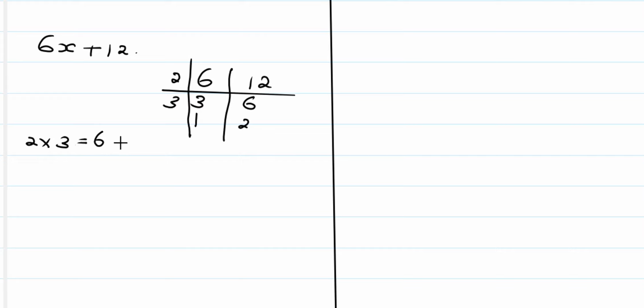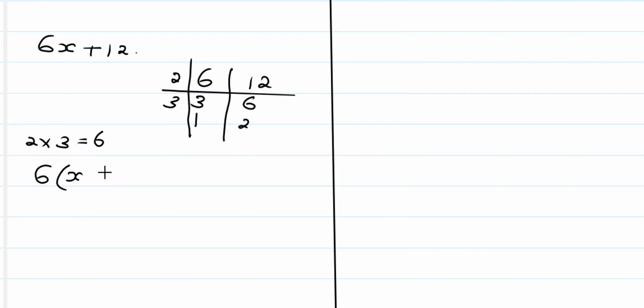Now I'll use this 6 to factorize the expression. I put the 6, which is the highest common factor, outside, then open brackets and put x inside, because 6 multiplied by x is 6x.